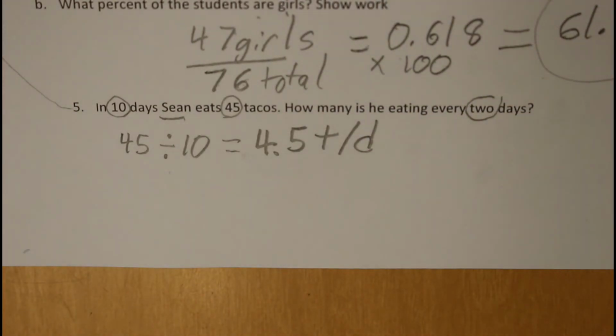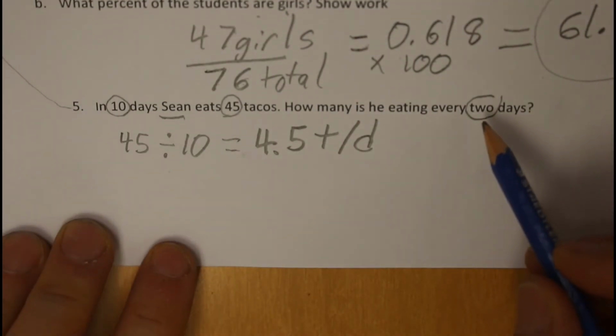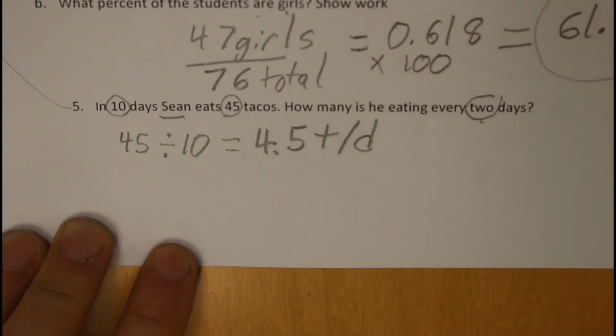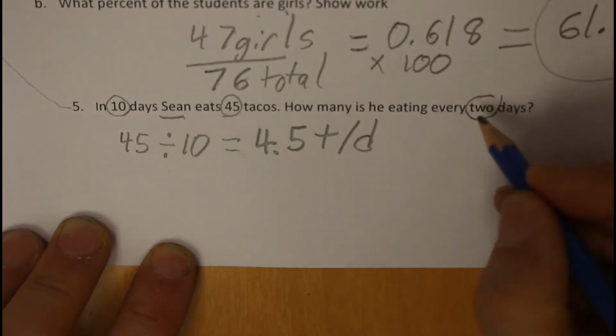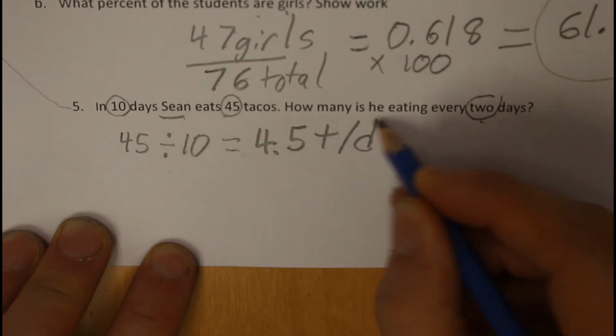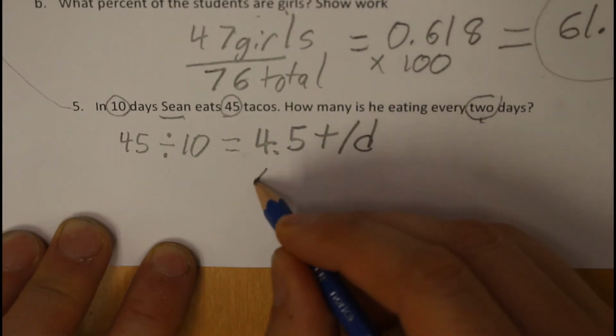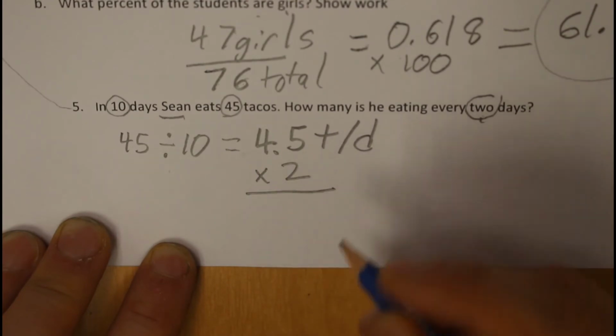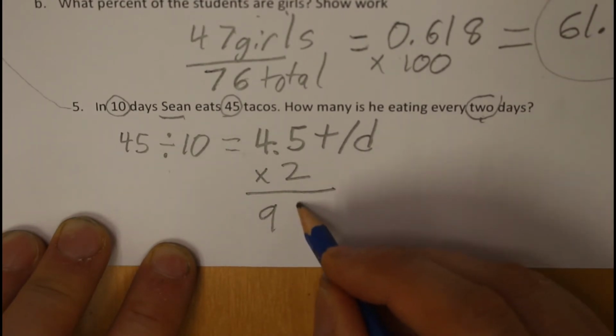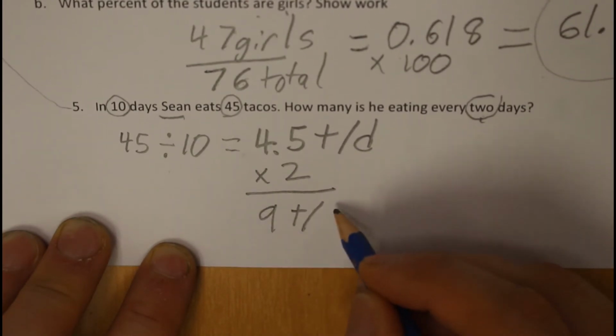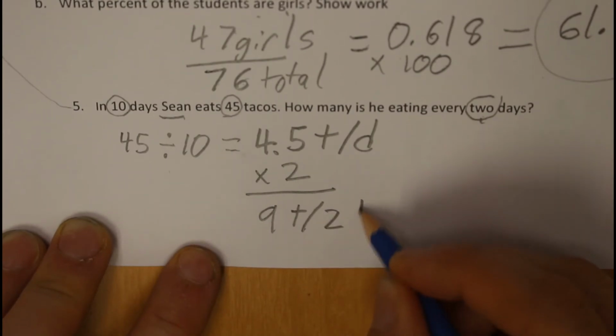So that means every day Sean is eating 4.5 tacos. But we want to know how many he's eating every 2 days at this exact rate. So we just need to multiply the unit rate by whatever amount they ask for, every 2 days. So times 2, and we get 9 tacos per 2 days.